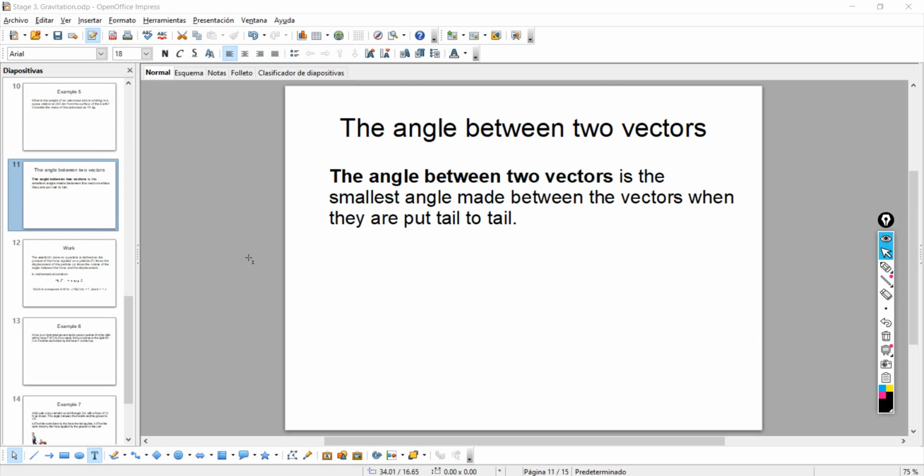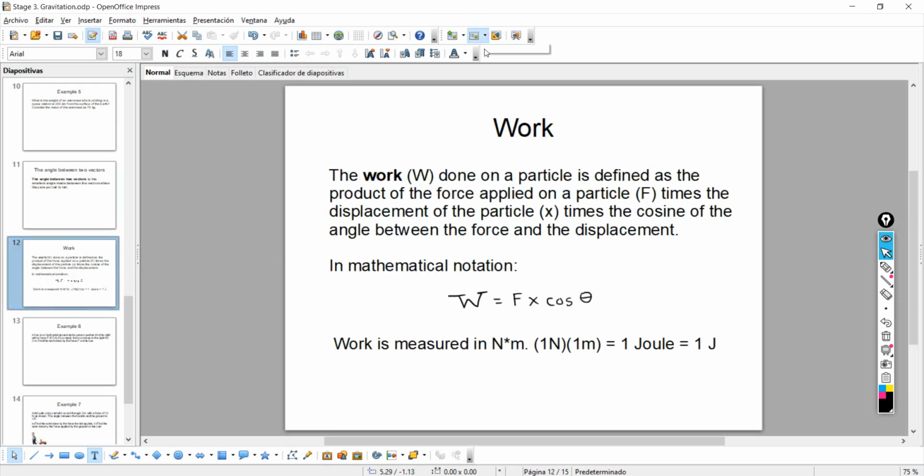Okay, now that we have this definition, we can start studying the concept of work. So what is work? Let's read the definition. The work done on a particle is defined as the product of the force applied on a particle, which we're going to represent by F, times the displacement of the particle, which we will represent by X, times the cosine of the angle between the force and the displacement.